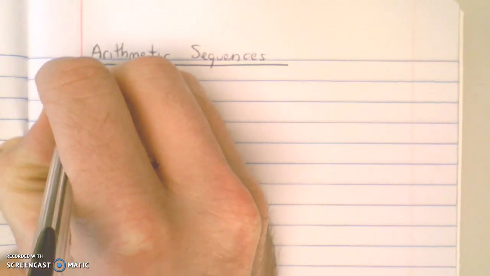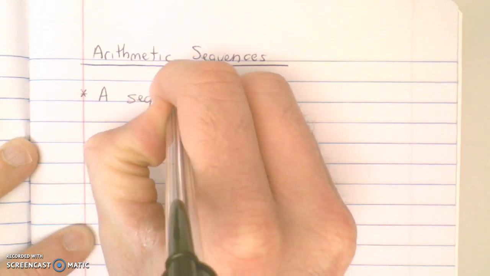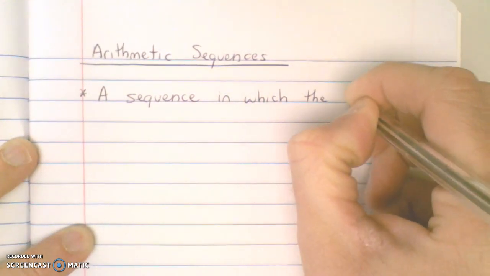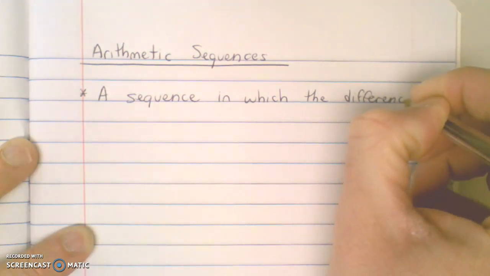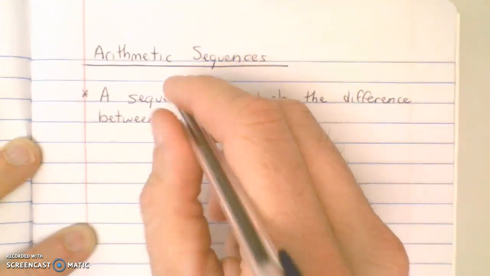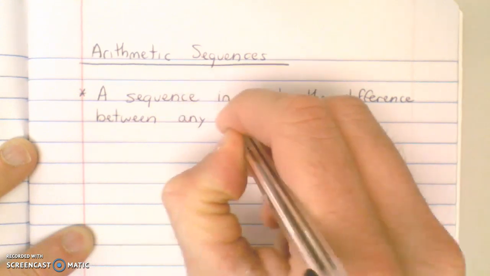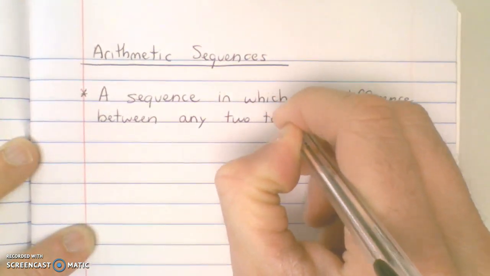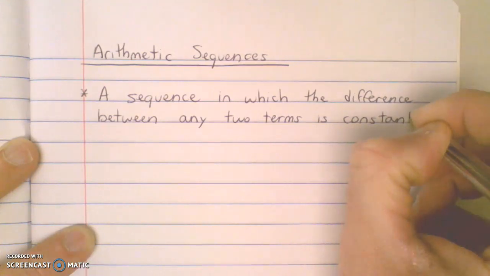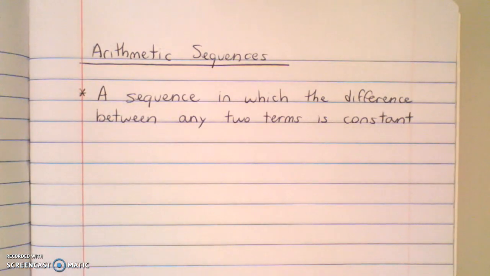So remember, the definition for an arithmetic sequence is a sequence in which the difference between any two terms is constant.